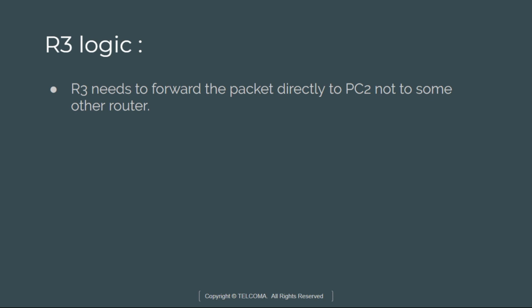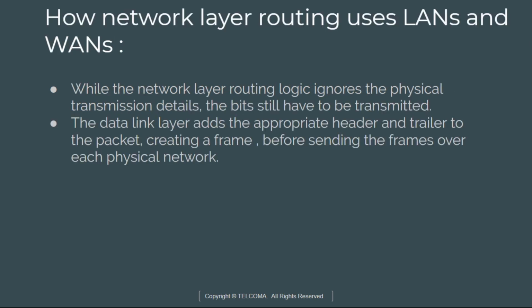R3 needs to forward the packet directly to PC2, not to another router. So, how does network layer routing use the LANs and the WANs? While the network layer routing logic ignores the physical transmission details, the bits still have to be transmitted.